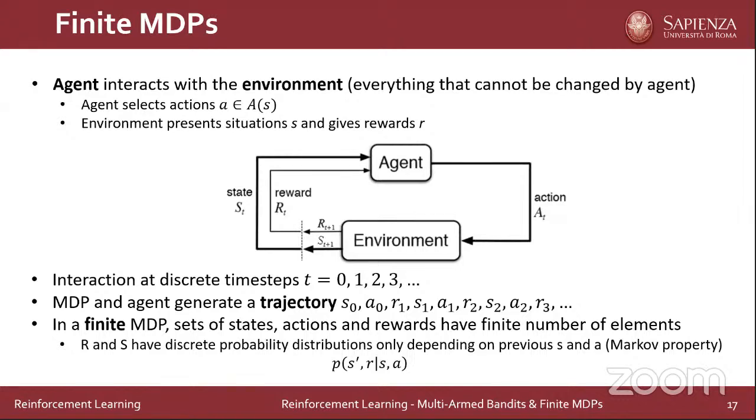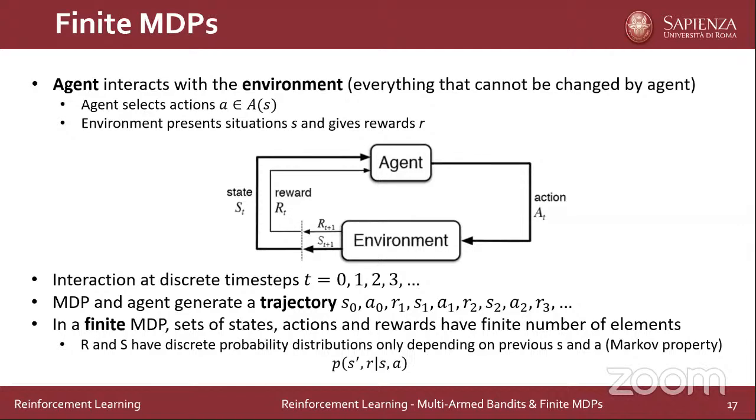So as we did for our temporal models that we have seen last lesson, we interact with the environment at discrete time steps. So we're discretizing the time, basically. And by interacting with the environment, the agent generates some trajectories of states, actions, and rewards, and eventually termination flags.